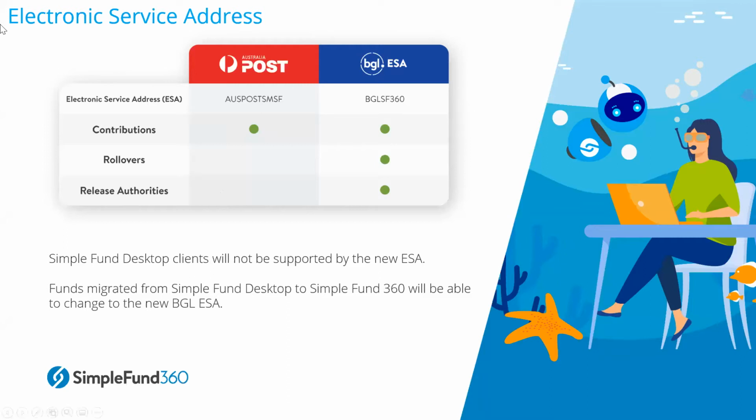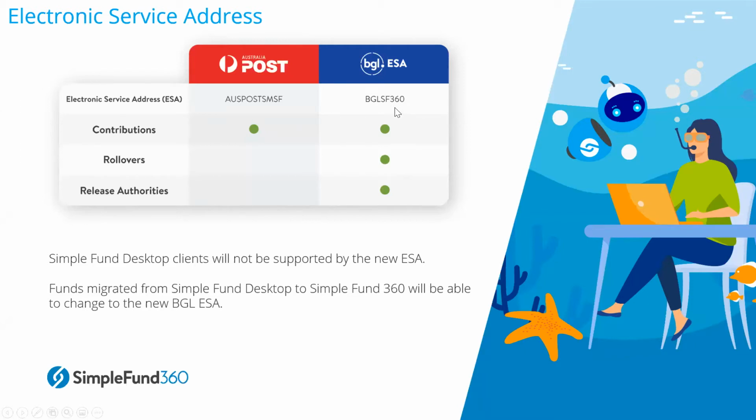As you can see on the grid there, if you have signed up with Australia Post, the only data that you will receive is contribution data. Now, if you have more recently signed up to the electronic service address in Simple Fund 360 or have changed your ESA, we will support contributions, rollovers, and release authorities under the new BGL ESA.